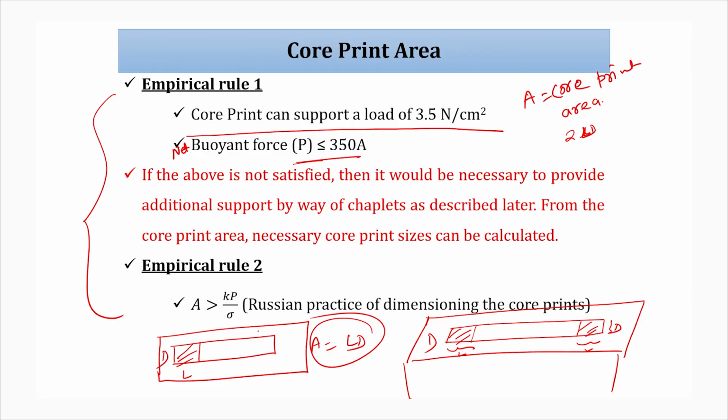Projection area you have to take as L into D. P less than 350 A means 350 into L into D.